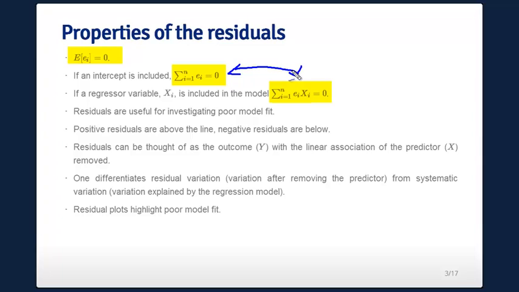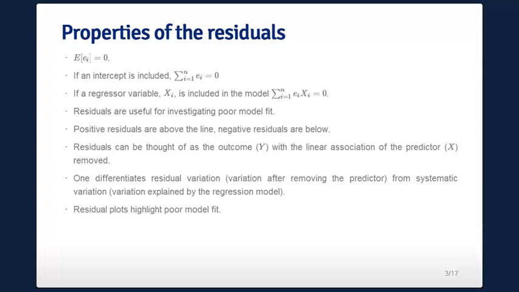Okay. So residuals are useful for a lot of things. They're good at investigating poor model fit. They exactly yield our variance estimate. And so residuals are very important things. Positive residuals are above the line, negative residuals are below.